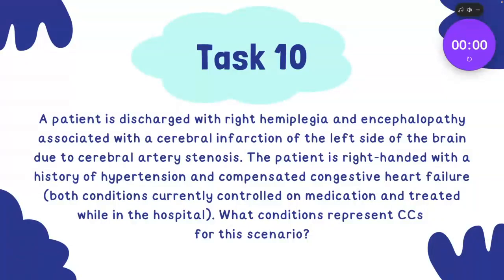All right, a patient is discharged with hemiplegia, encephalopathy associated with a cerebral infarct, left side of the brain, due to cerebral artery stenosis. The patient is right-handed with a history of hypertension and compensated congestive heart failure, both conditions currently controlled on medication and treated. The question is, what is the CC? There are some diagnoses that you will just learn are not CCs or MCCs. For example, plain old hypertension is not a CC.